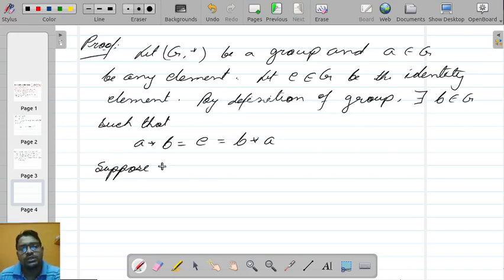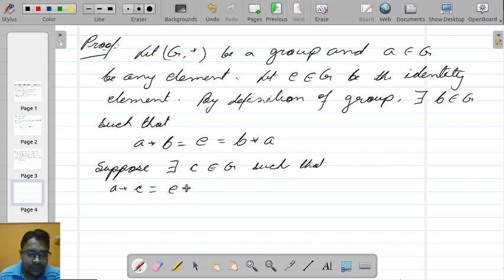So let us suppose that there is another such element, somebody finds another such element. In that case what will happen? Suppose there exists C in G such that A star C equal to E equal to C star A. By definition we get at least one element B in G which satisfies this.